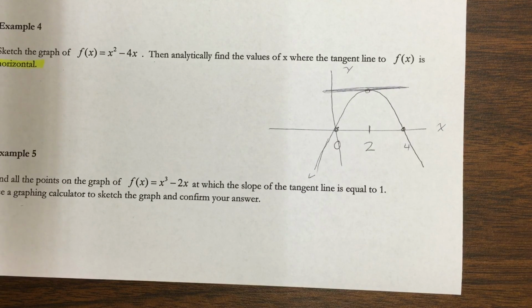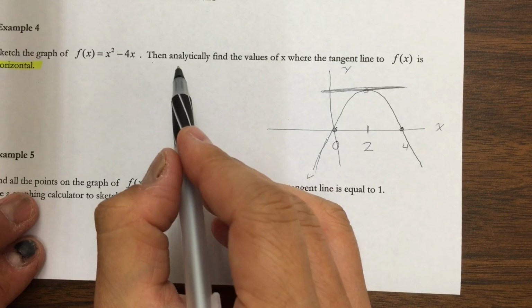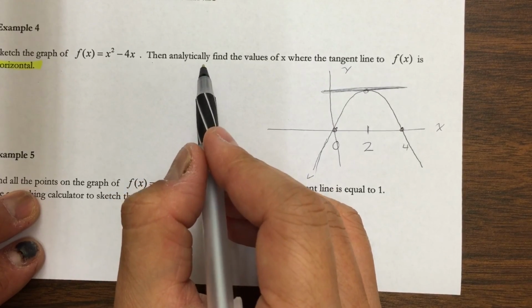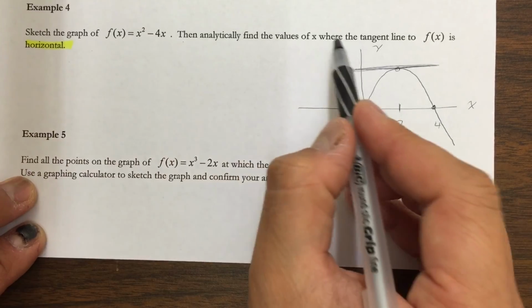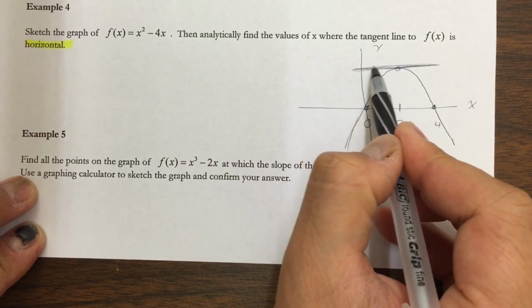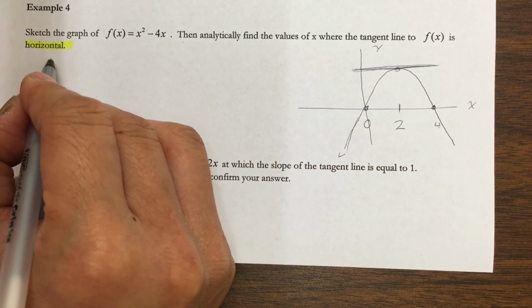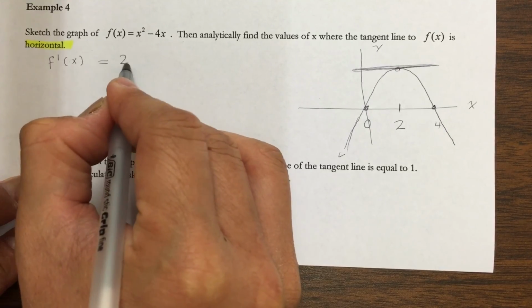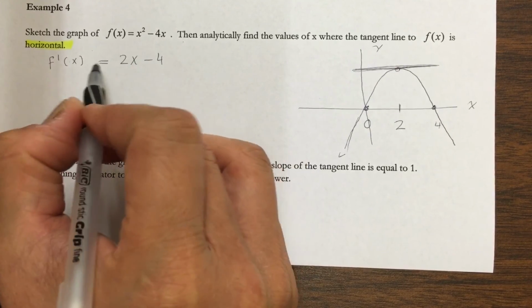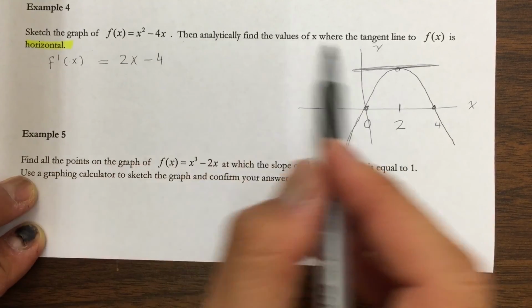But for more complicated functions, we won't be able to use this method. So we have to learn how to do it analytically, which is by algebraic method. We're trying to find the x value where the slope of the tangent line is horizontal. So we start by finding the derivative function, because the derivative function tells us the slope at any point.